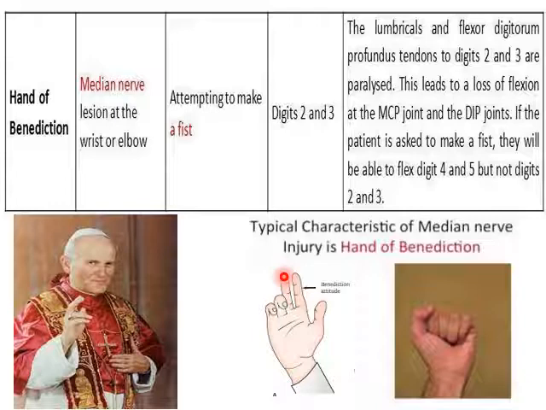So this leads to loss of flexion at the metacarpophalangeal joints and the distal interphalangeal joints. So when the patient is asked to make a fist, he is able to flex the 4th and 5th digits, but not the radial 3 digits.